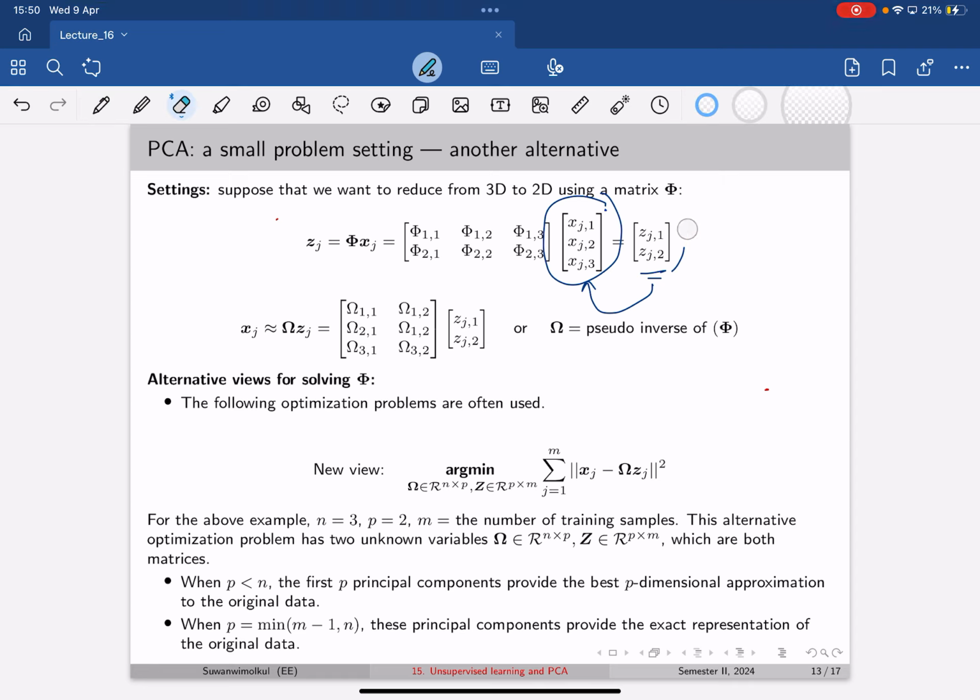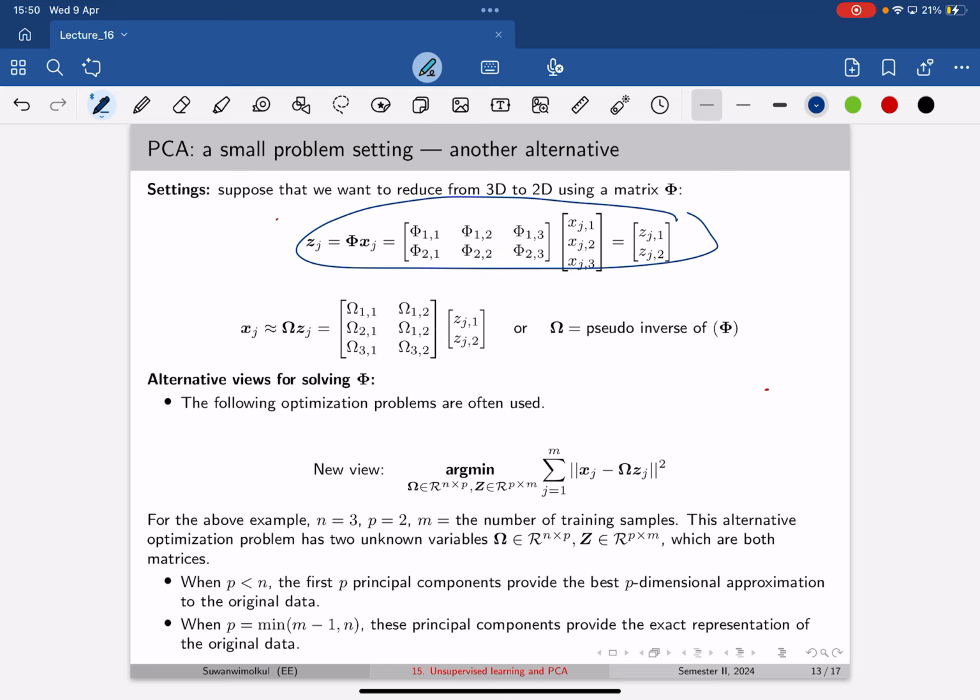And actually, all these conditions are in the orthogonality constraint, as we've seen previously in the previous lecture.